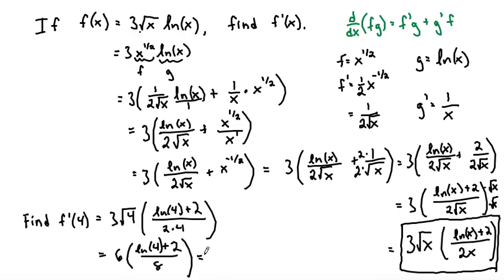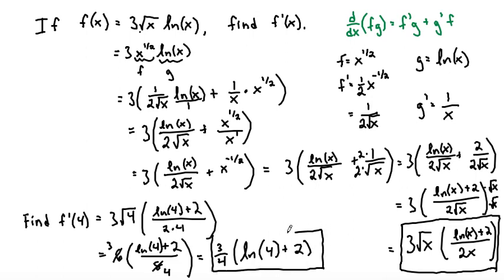And we can simplify that just a bit more, because 6 on top and 8 on bottom, we can divide out a 2 to make this a 3 and that a 4. So let's make this, I'll bring the 4 out front as well, to make this 3 over 4 times ln of 4 plus 2. And we could find the decimal approximation of this number, but this would be our exact value.